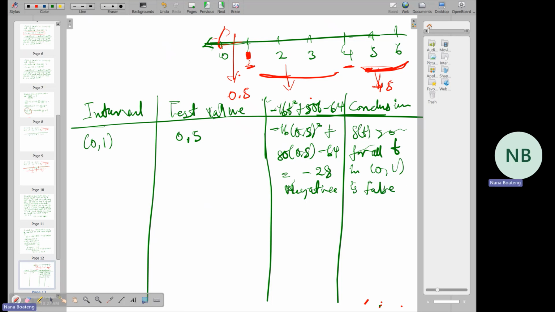S of t is not greater than 0 here. S of t is less than 0. So the statement s of t greater than 0 for all t in this interval is false.